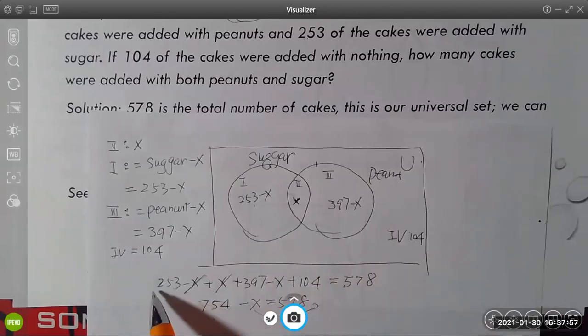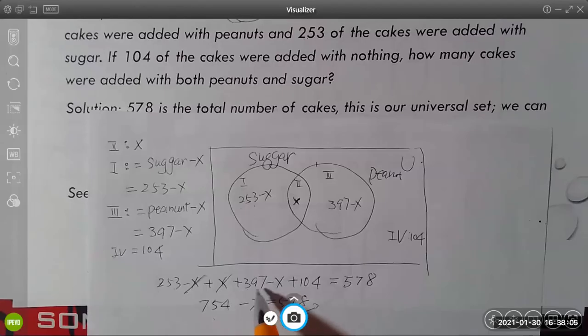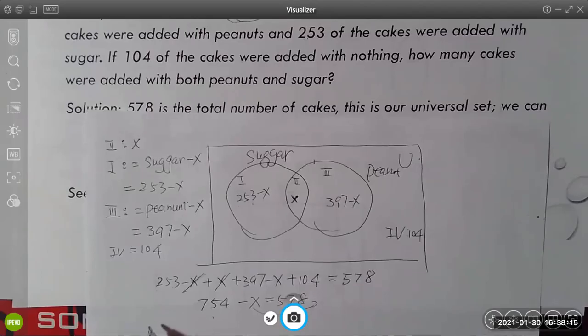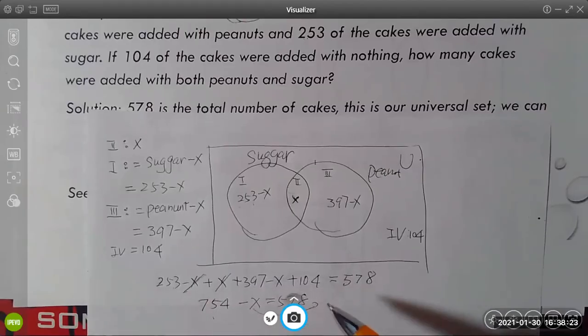Just be careful. 253 minus X, then plus X, then plus 397 minus X, then plus 104. That will be equal to 578. Nothing's wrong. 250, this is almost 400, 650, 104.